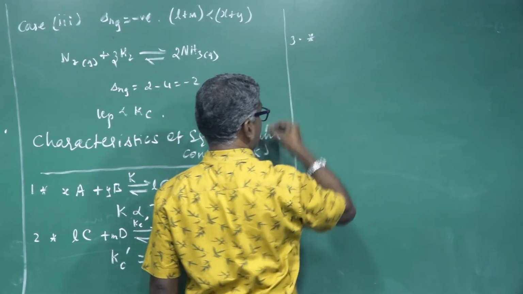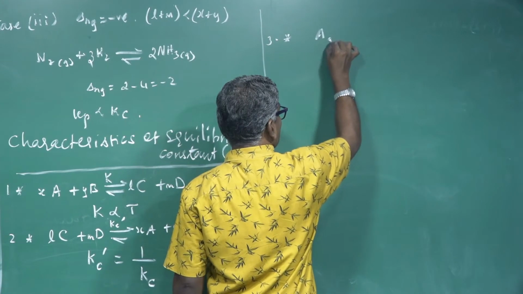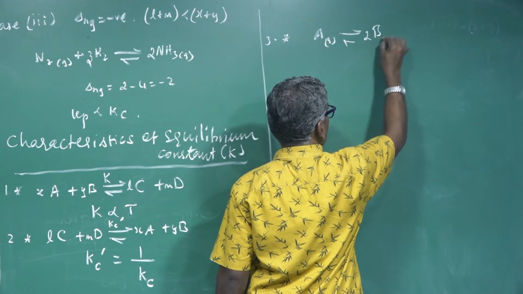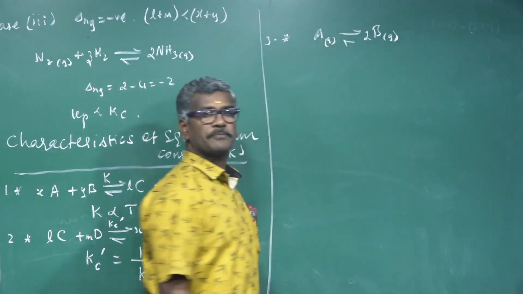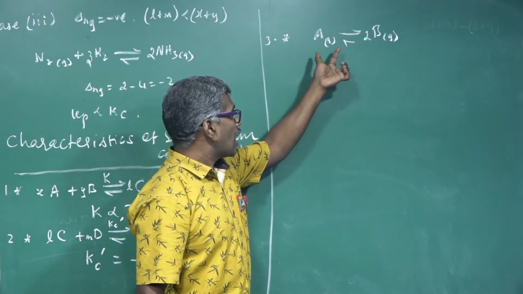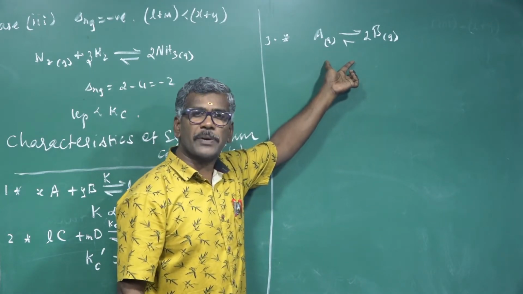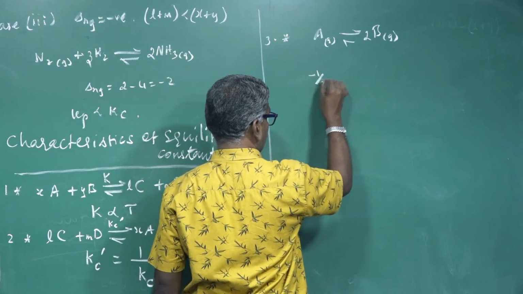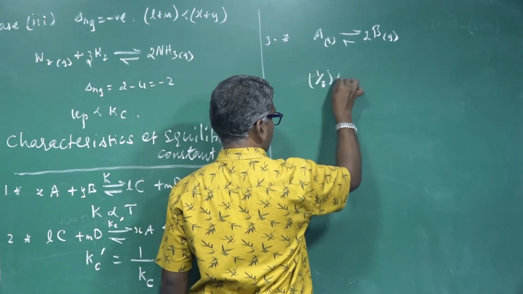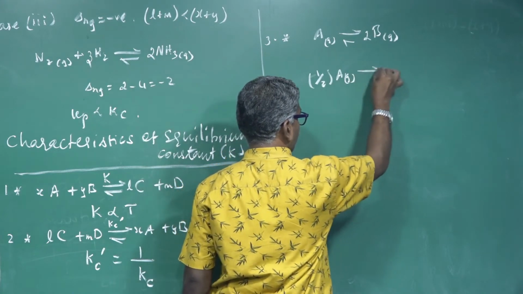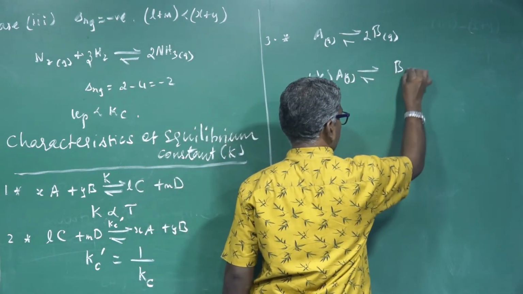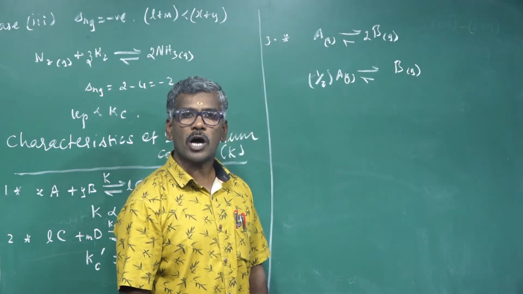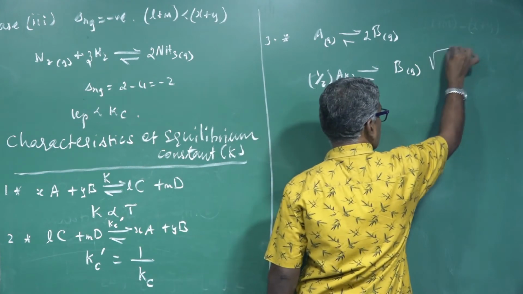Another one is point number 3. Reactants converted into the product, all present in the gaseous state. Here, if any chemical equilibrium reaction is divided by 2, the value of the new equilibrium constant is the square root.